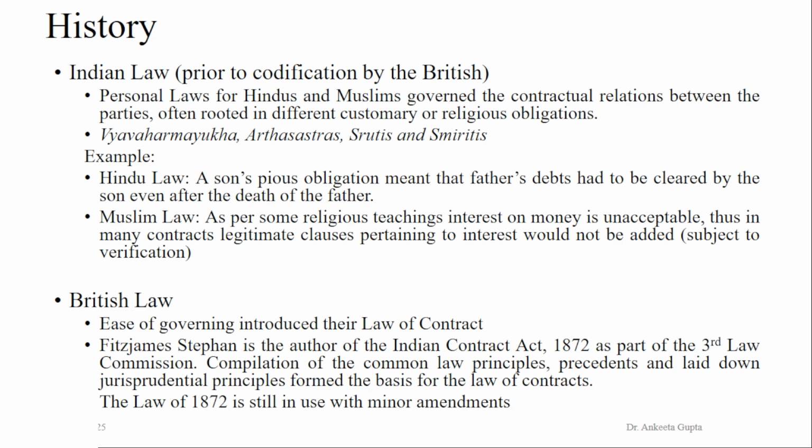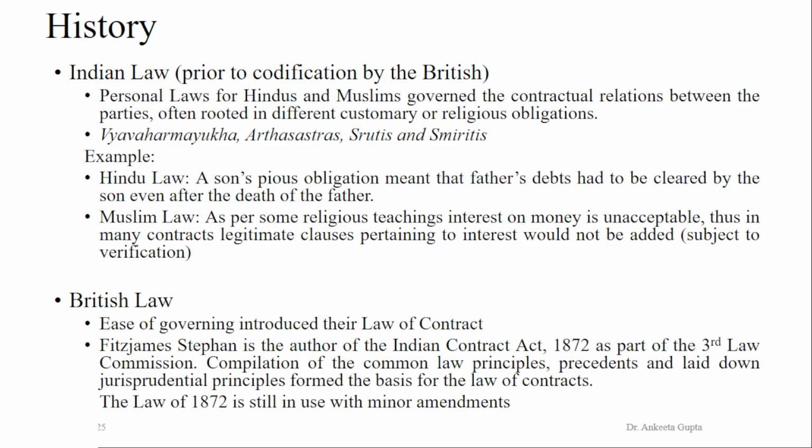Now, the East India Company, or the Britishers today, as we would call them, came from a common law country where, even though the principles were not codified, the jurisprudence surrounding the law of contract was very strong.